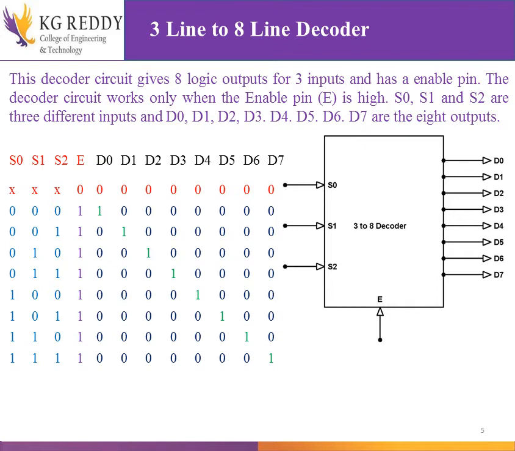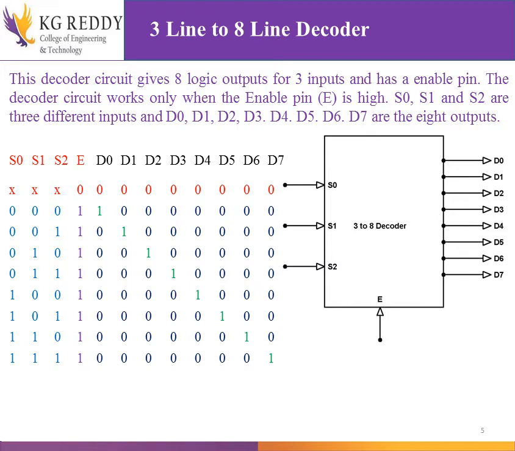The decoder circuit works only when the enable pin is high, and S0, S1, S2 are the three inputs, and D0 to D7 are the 8 outputs. If you see the truth table, the enable bit works like a power booster or on and off switch.